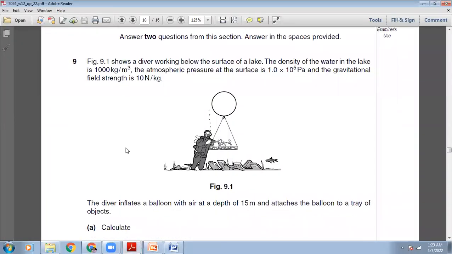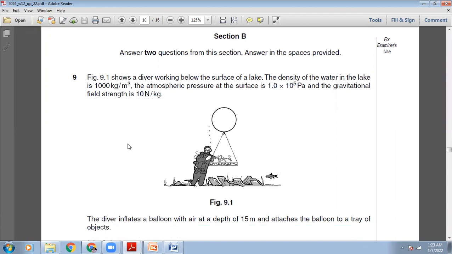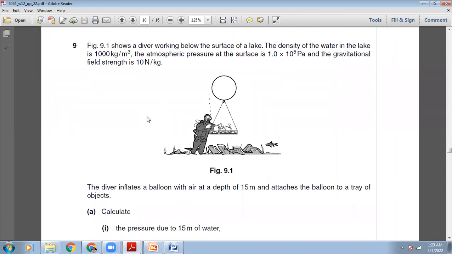Question number 9. This is section B of the October November 2012 paper 2, showing up on your screen. Figure 9.1 shows a diver walking below the surface of a lake. The density of the water in the lake is 1000 kg per meter cube.